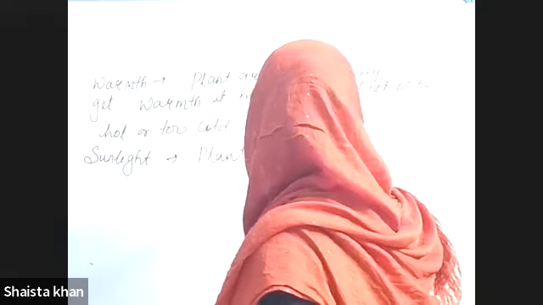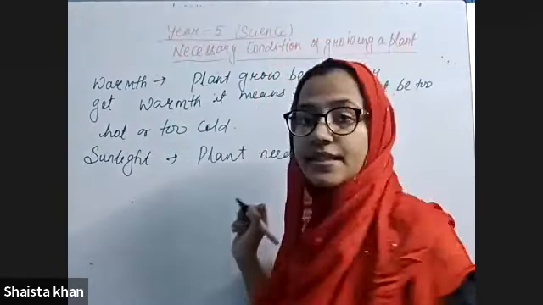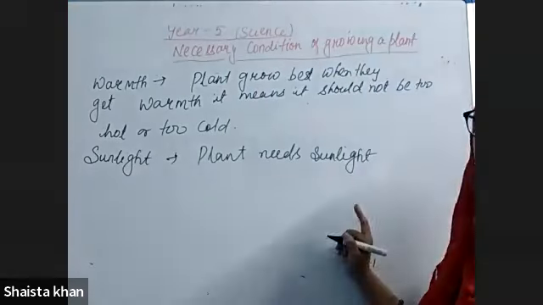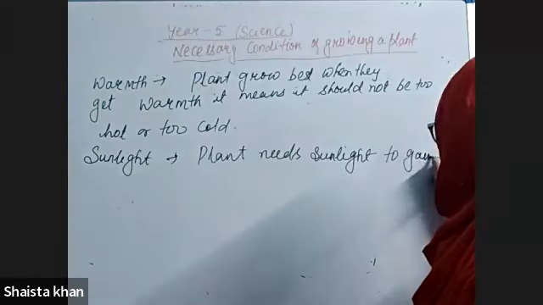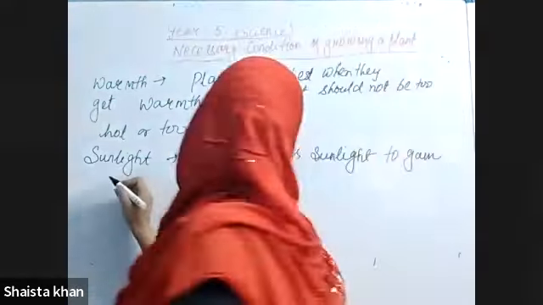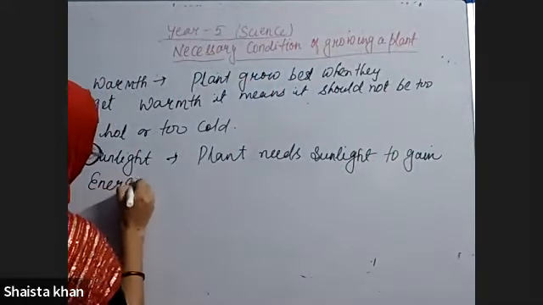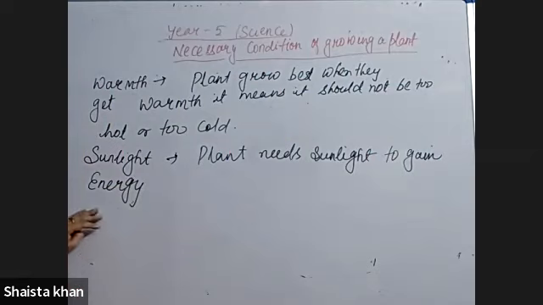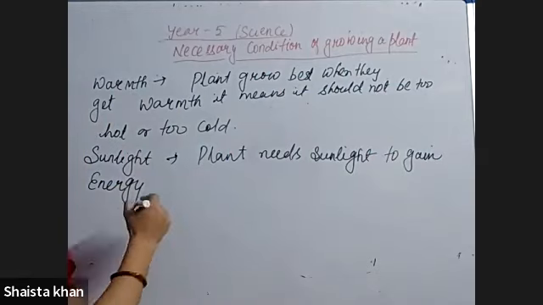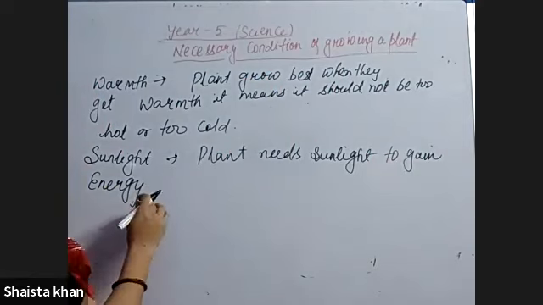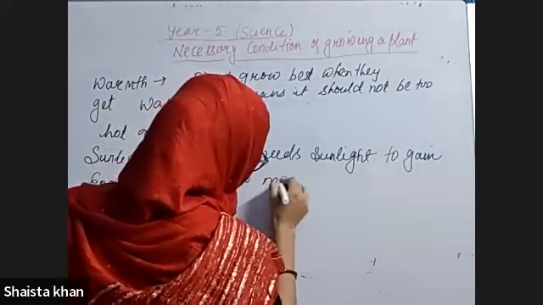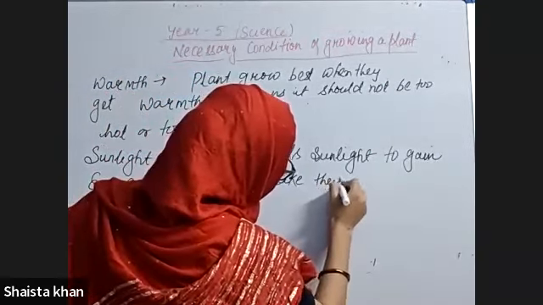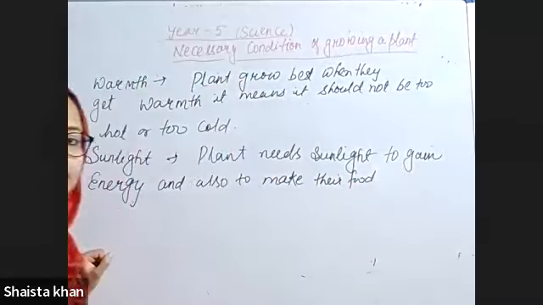Okay, all right. So plants need sunlight. Why do plants need sunlight? As I said, plants need sunlight to gain energy, and there is another reason also: to gain energy and to make their food, to prepare their food.